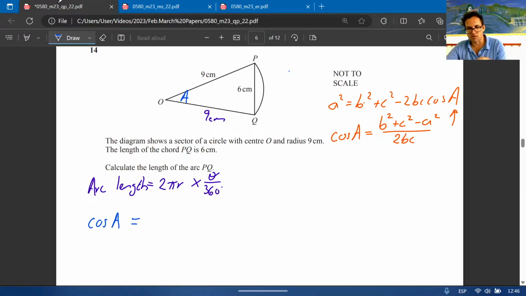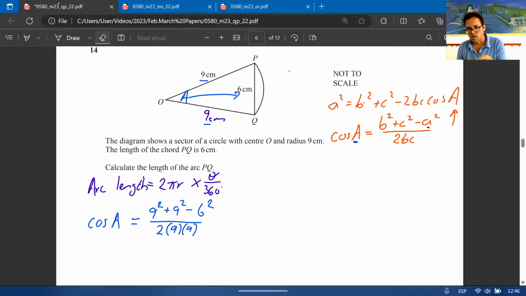Now those are the two sides that include the angle. In this case, they're the same. So that's 9 squared plus 9 squared minus a squared. Capital A, little a, there means always the opposite, yeah? Capital A is always opposite little a, so that must be 6 squared. Okay, over 2, and b and c again were the two 9s.